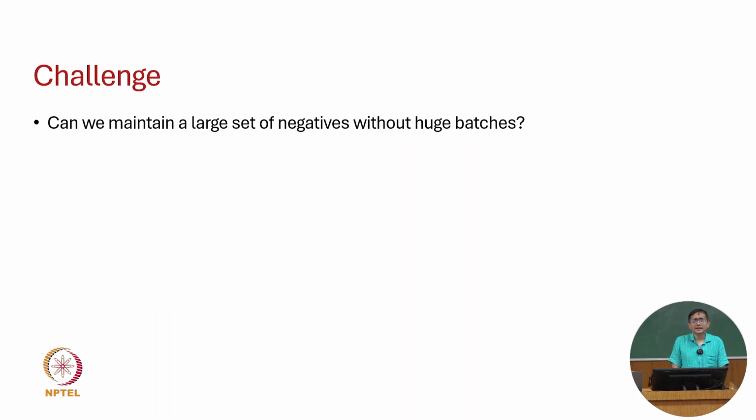Because as I said, the reason that we need this large batch size is mainly motivated by the loss function itself, where in the denominator of the loss function we need those negative terms, right? So if we could obtain this somehow without maintaining a huge batch, probably we do not need the huge batch, right?